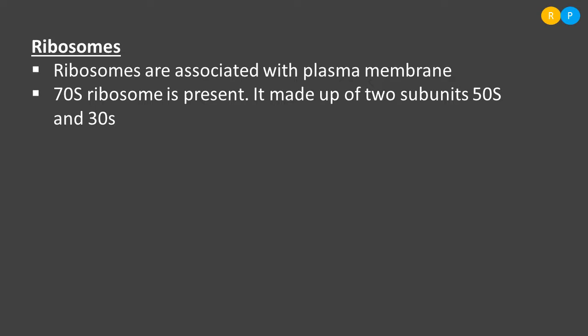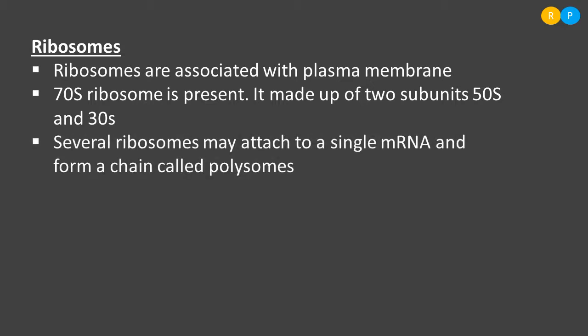Clear? So one subunit is 50S and the other subunit is 30S. Clear? And like this, many ribosomes are present in the prokaryotic cell.